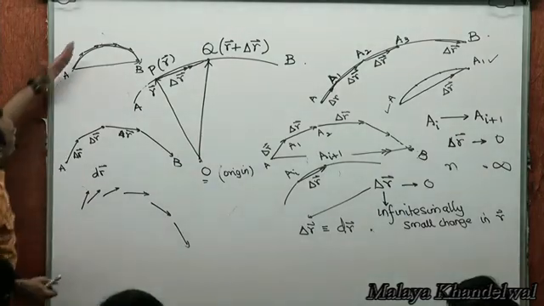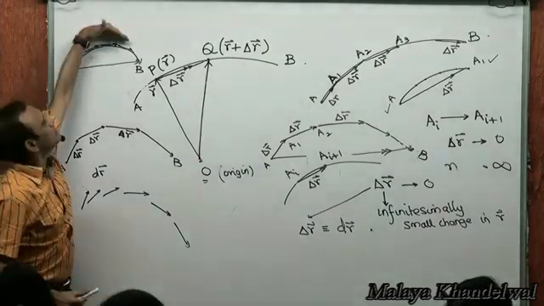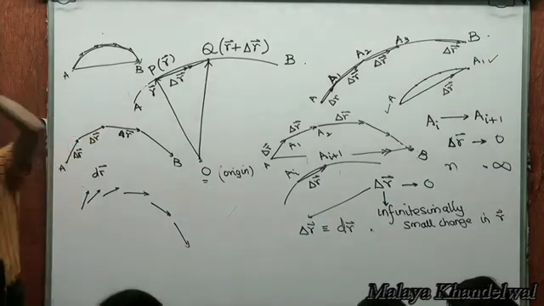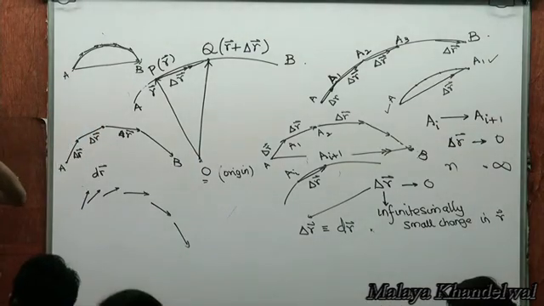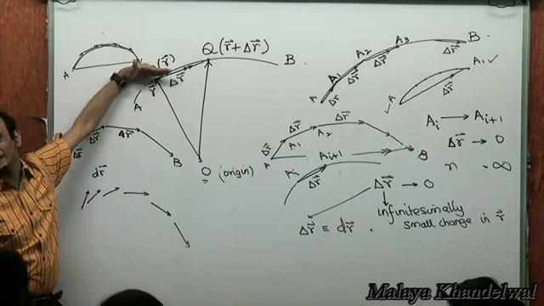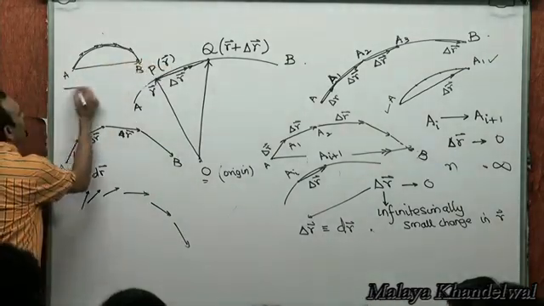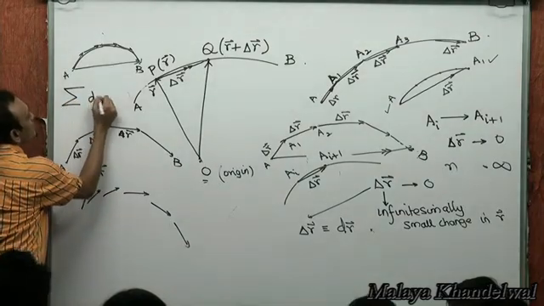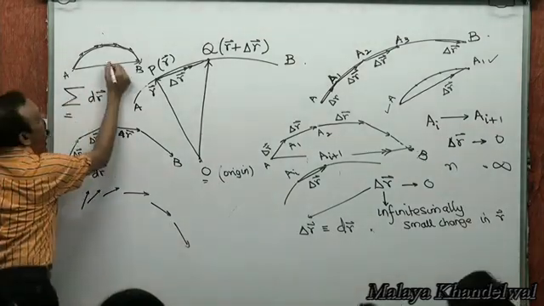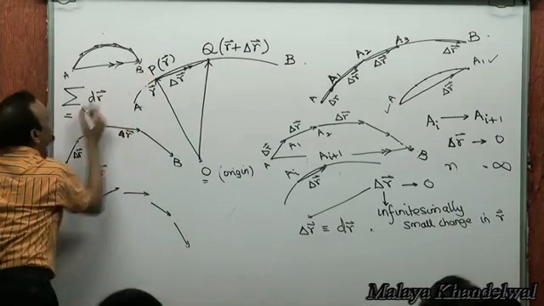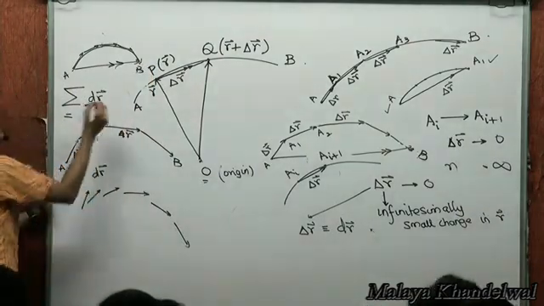And nevertheless, these drs will constitute an infinite number of sides of a polygon whose closing side will still be AB. Yes or no? So if I asked what would be the vector sum of these drs, it will be the vector AB. That's the vector sum of these drs.